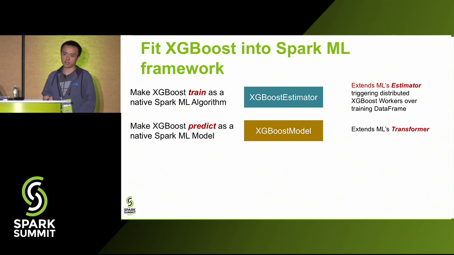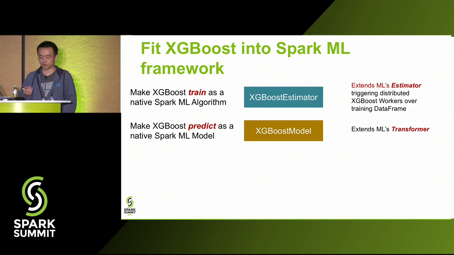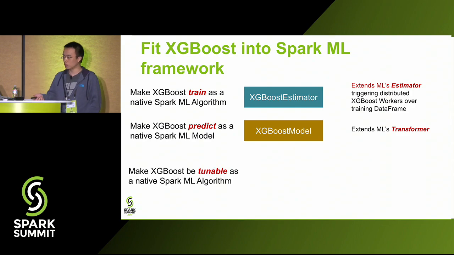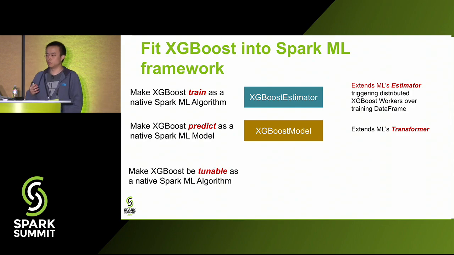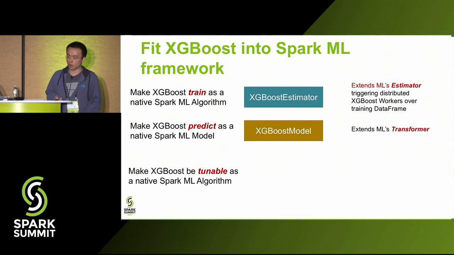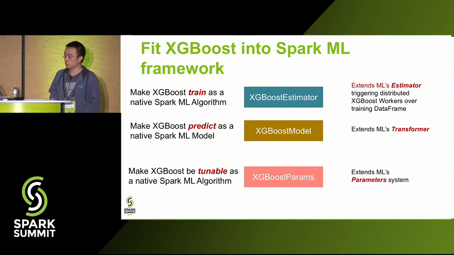We implement the XGBoost model by extending the transformer framework. And finally, how to make XGBoost tunable as a native Spark ML algorithm. We implement the XGBoost parameter system and make it accessible by many tools in the Spark ML framework.